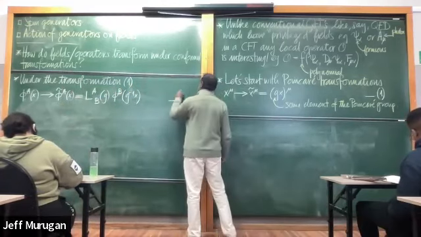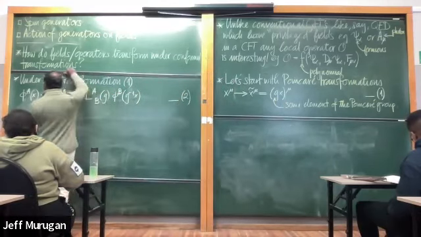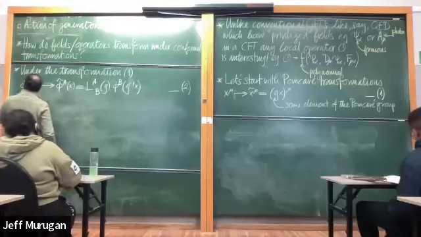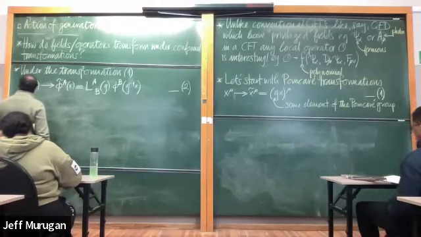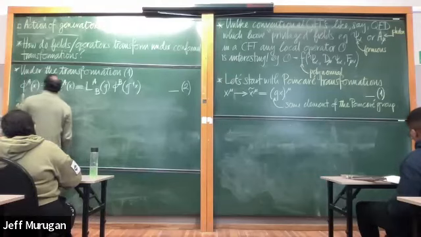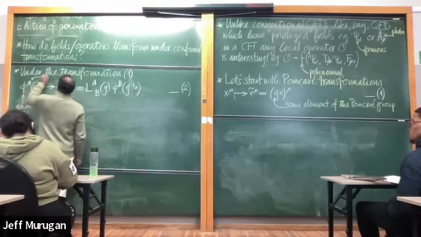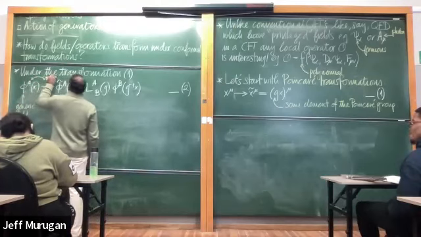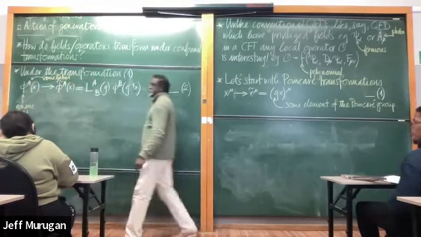So come back to this. This is a generic field in our theory. This is some labeling properties of this field.